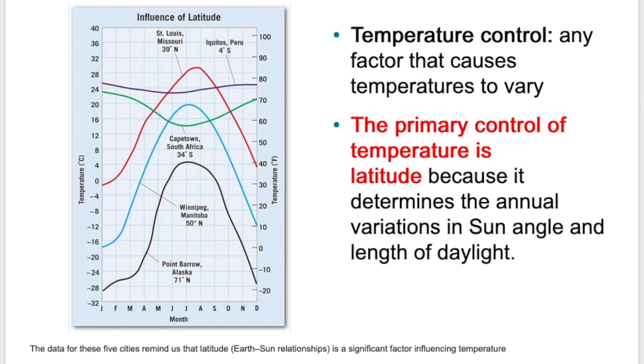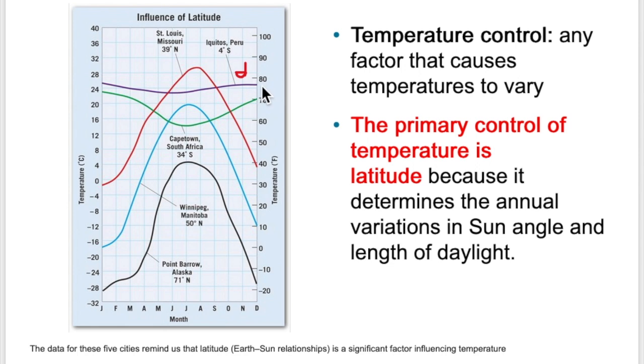And here we can see on this graph, the data for these 5 cities remind us that latitude is a significant factor influencing temperature. So we could see, let me draw here. We have the equator representing 4 degrees south for Peru.